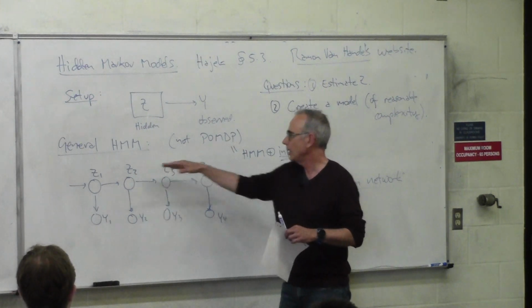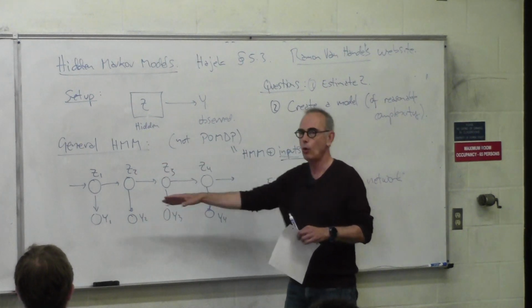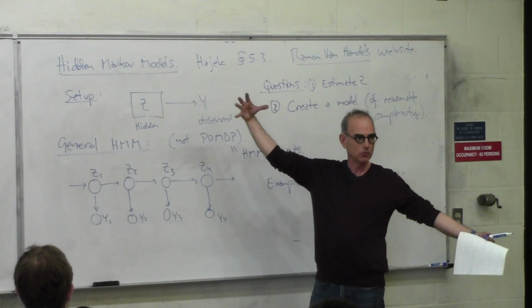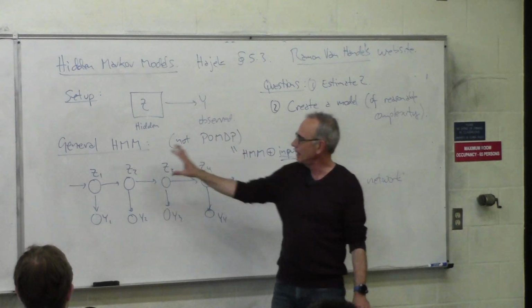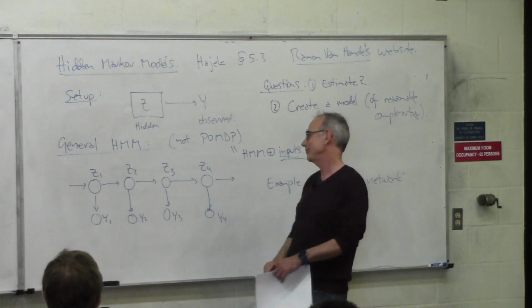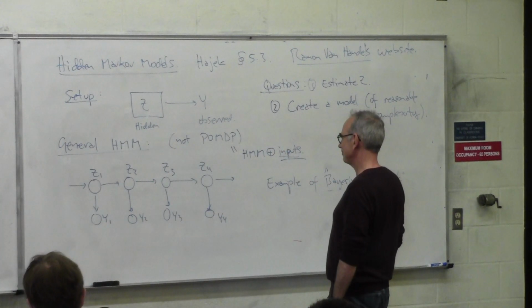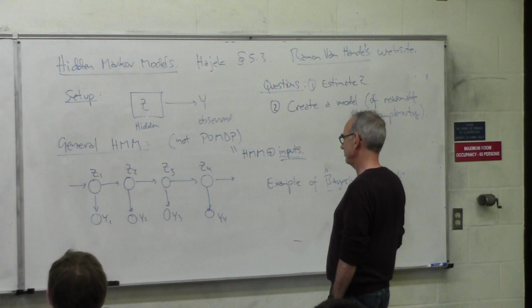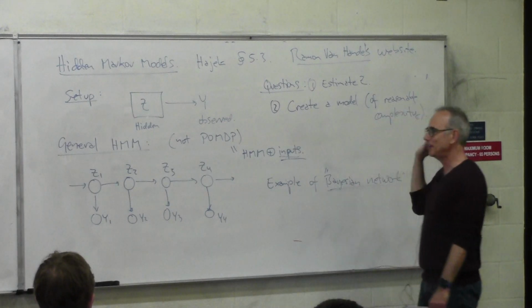I've got a big random vector Z and Y, which I stack up to form a giant random vector, and the dependencies are determined by this graph. I wasn't planning to define a Bayesian network.